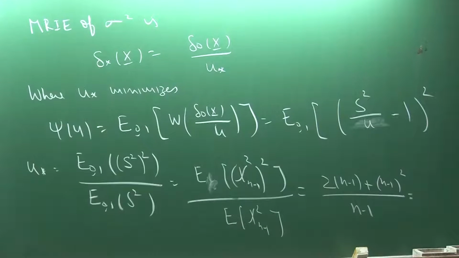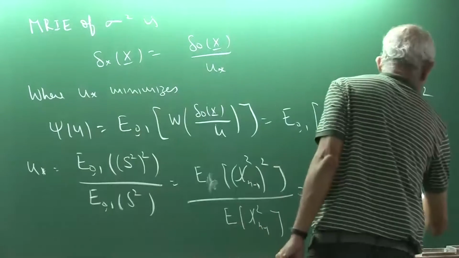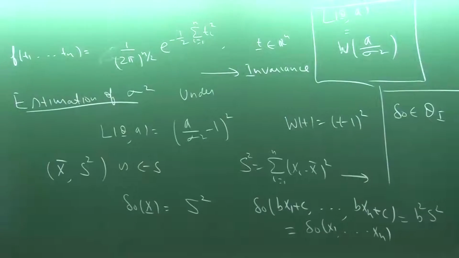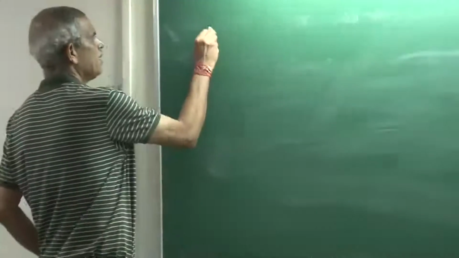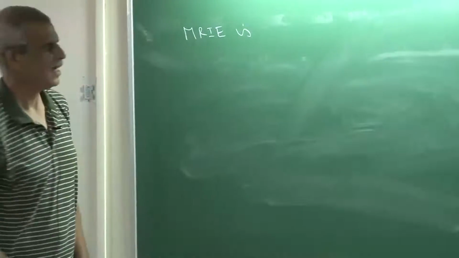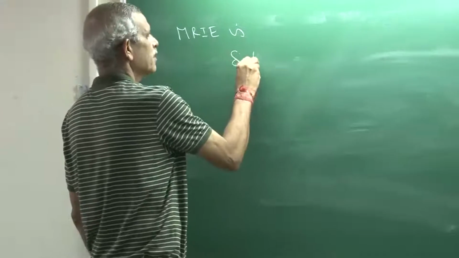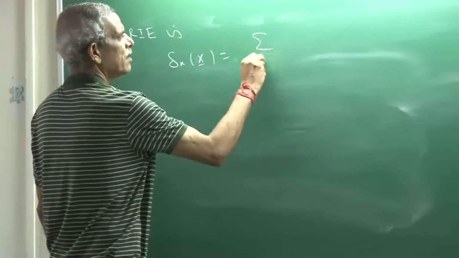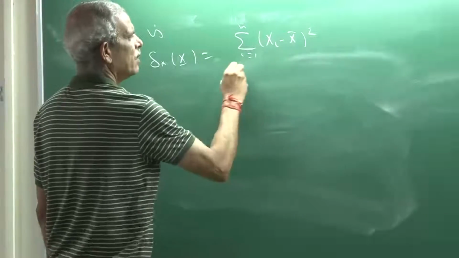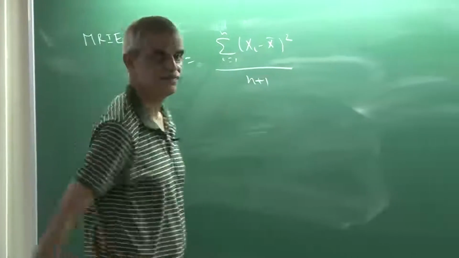You can take n minus 1 common, so n minus 1 gets cancelled from the denominator, and you get 2 plus n minus 1, which is n plus 1. So in this case, your MRI is delta star x, summation i equal to 1 to n of xi minus x bar whole square upon n plus 1.